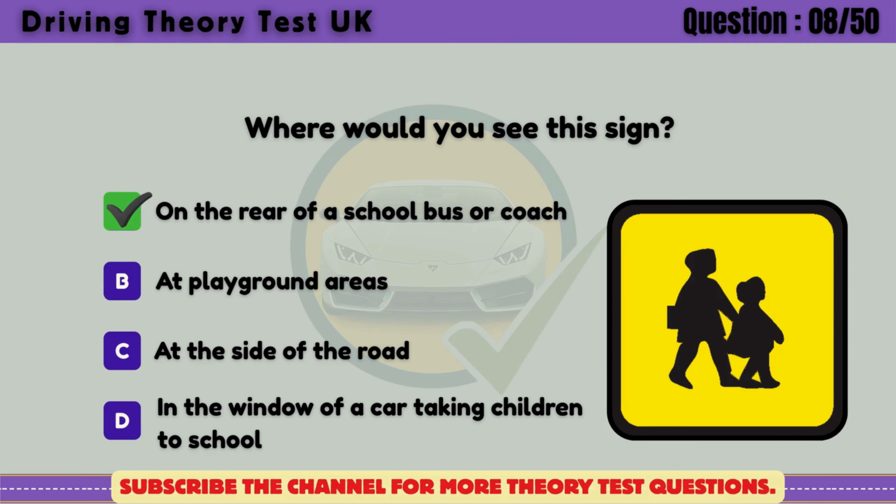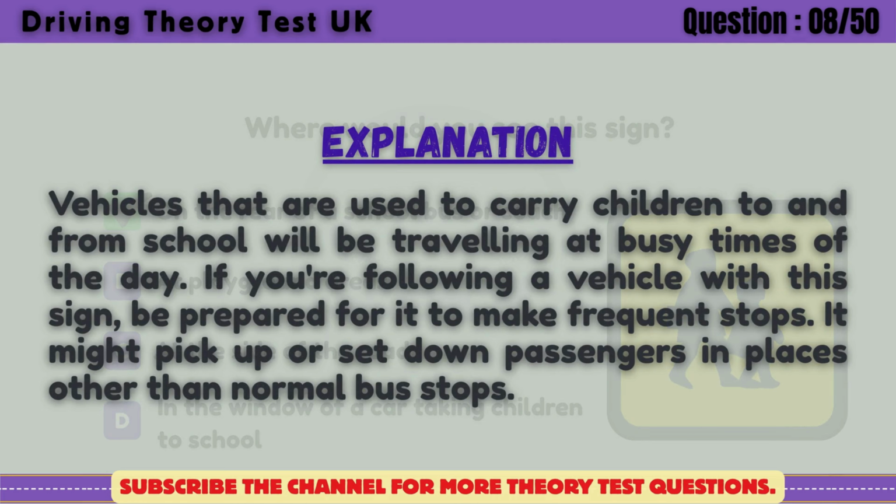Answer is A. On the rear of a school bus or coach. Vehicles that are used to carry children to and from school will be traveling at busy times of the day. If you're following a vehicle with this sign, be prepared for it to make frequent stops. It might pick up or set down passengers in places other than normal bus stops.